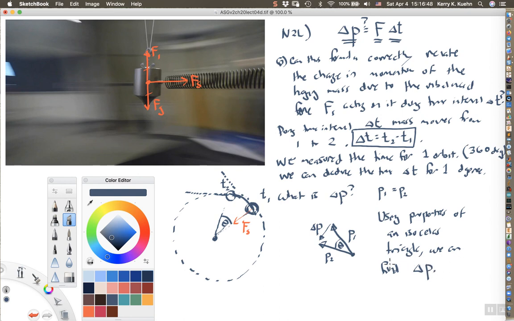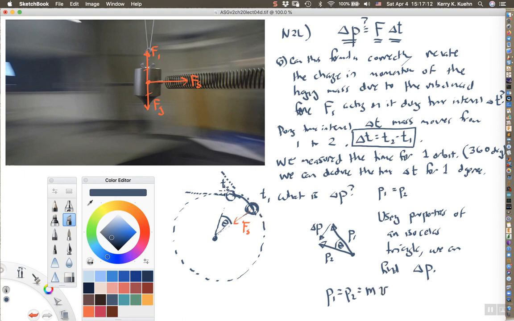So that's what you're going to have to do. Using the momentum initially here, and by the way, we know the momentum 1, which was equal to momentum 2, which is equal to the mass of the hanging mass times its speed. So you're going to need to know its mass, and you're going to need to know its speed, v, in order to do this. How do you find its speed?